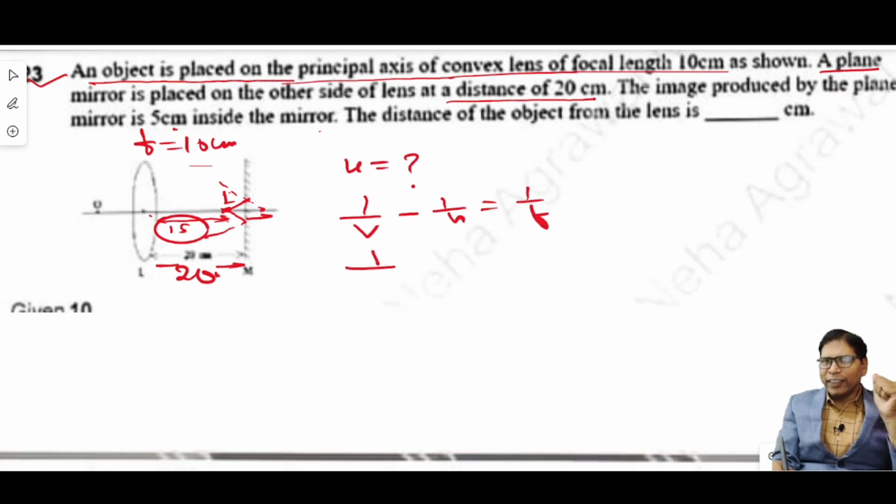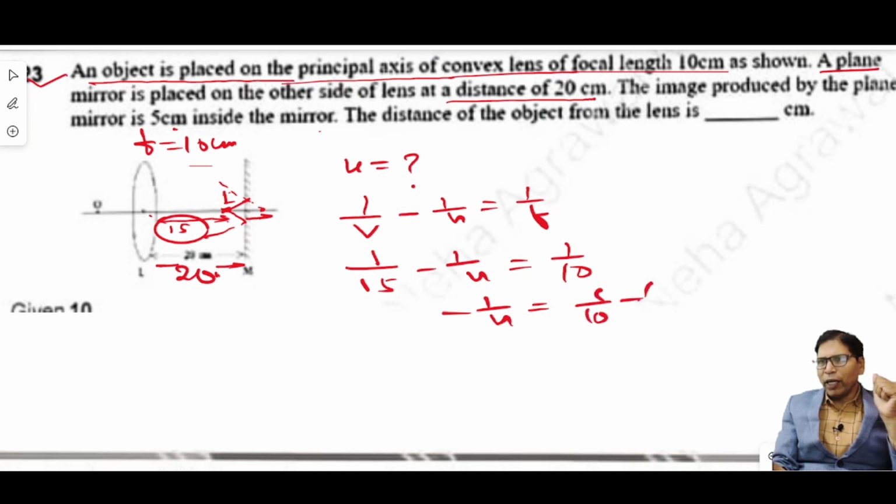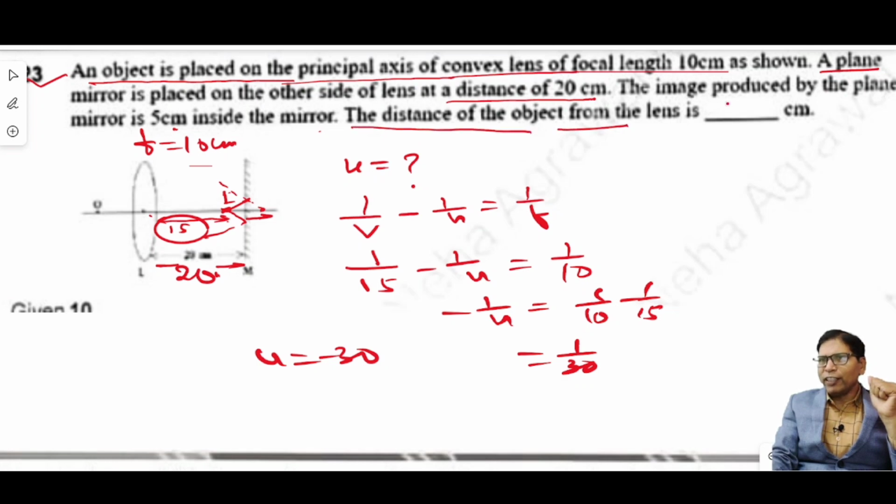Now 1 by 15 minus 1 by u equals 1 by 10. Therefore minus 1 by u is 1 by 10 minus 1 by 15, so this is 1 by 30. So u equals minus 30. So distance of the object from the lens is 30 centimeter.